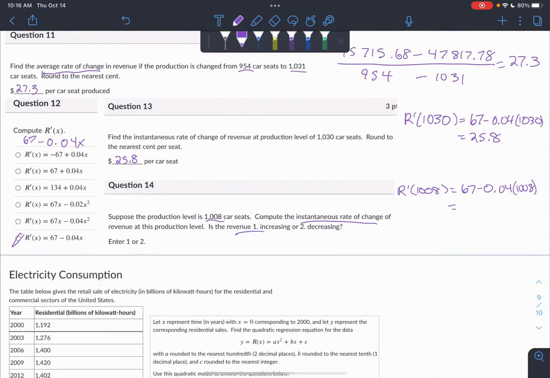This gives me 26.68. Because this is positive, that means that my R is increasing. So R prime is positive, so R is increasing. So your answer should be 1 for increasing.